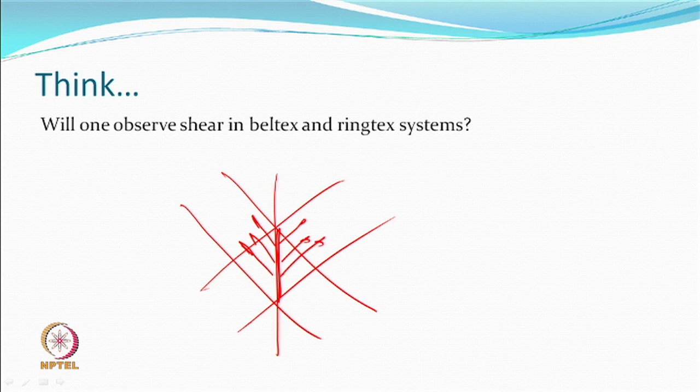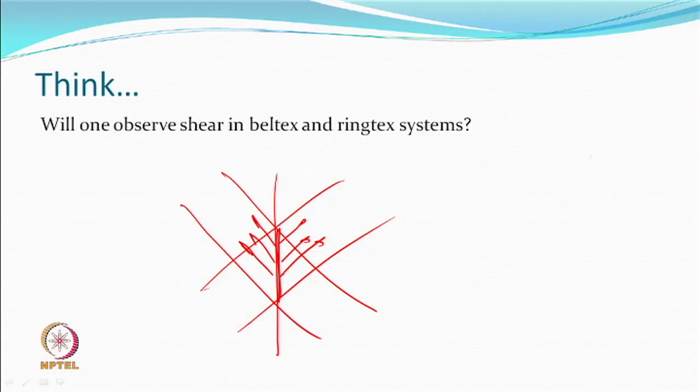So, interaction is going to be like this. You see, there is no change in direction of motion. So, we may in theory say we should not get shear during this twisting process in the belt system.